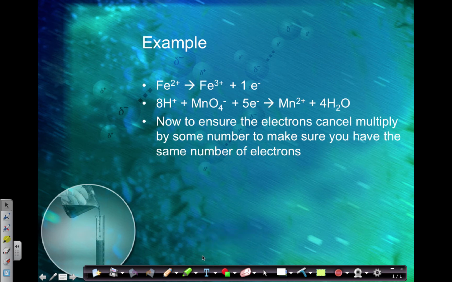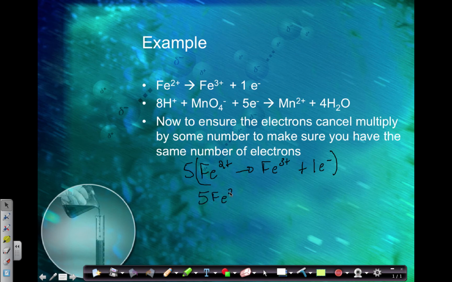And remember, when you do this step, you multiply the entire equation. So we have Fe with a +2. All right, so now we're going to multiply this entire equation by 5, because I've got 5 here, so 5 times 1 would give me 5 electrons.